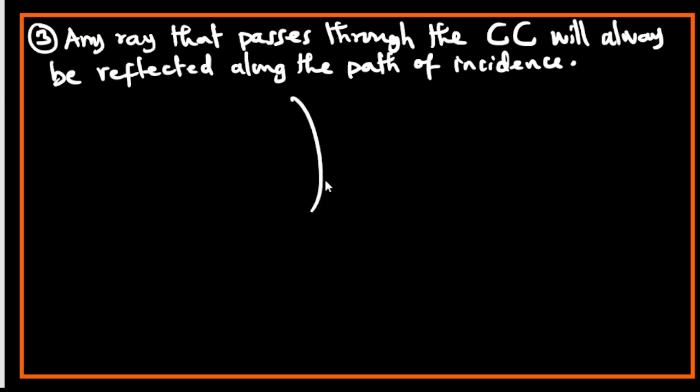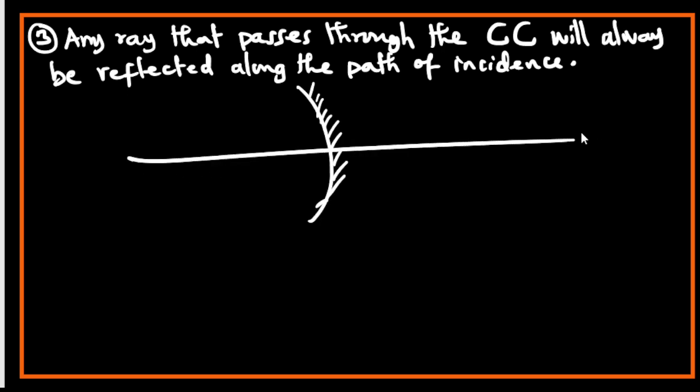That's the only way you can get it well. Now say we have this to be a concave mirror, and you have this to be a principal axis. Then on the principal axis you have a principal focus F and a center of curvature C. What this rule is telling us is that if you happen to have a ray that passes through the center of curvature C, now watch the arrow.